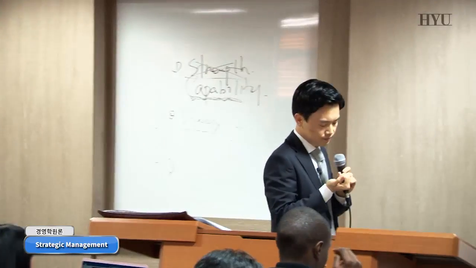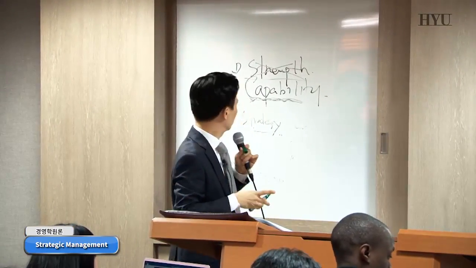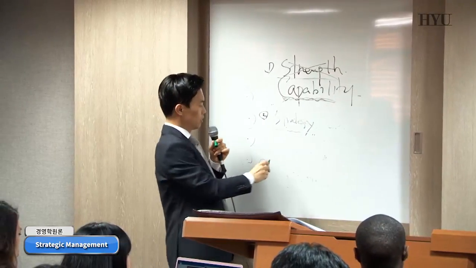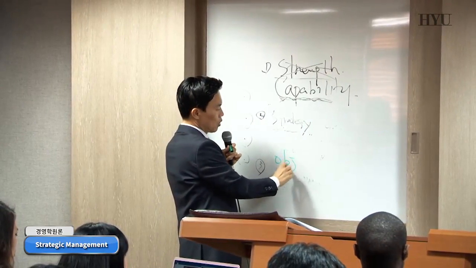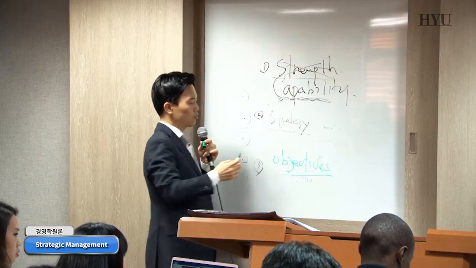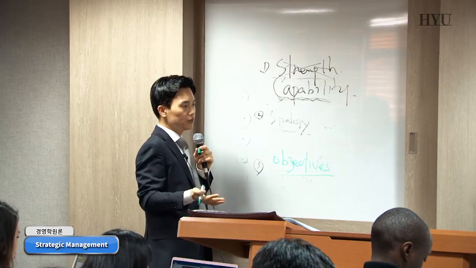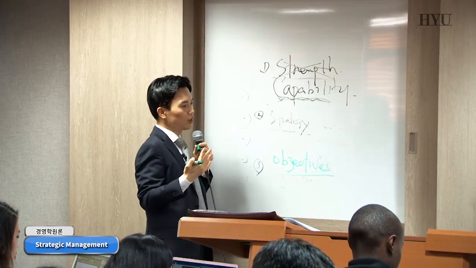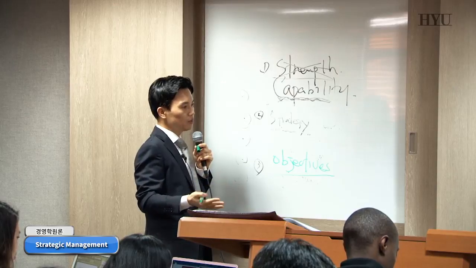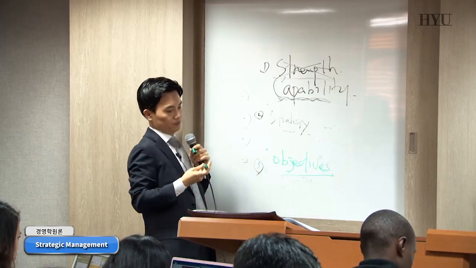And what else? You have to understand the competitors' objectives. What are the objectives of the competitors? This is quite important. If you want to win against the enemies, if you want to conquer the enemy, you have to clearly understand the objective of the enemies.